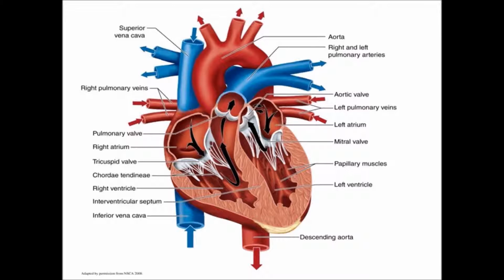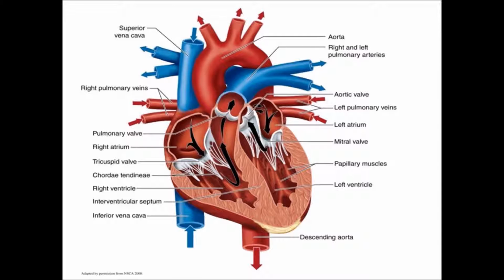So let's have a look at the pathway of blood through the heart. So blood that's low in oxygen will return from the body back to the heart via the inferior vena cava in the lower part of the body and the superior vena cava from the upper part of the body. And blood will enter the right atrium. From the right atrium, blood will pass through the tricuspid valve and into the right ventricle.